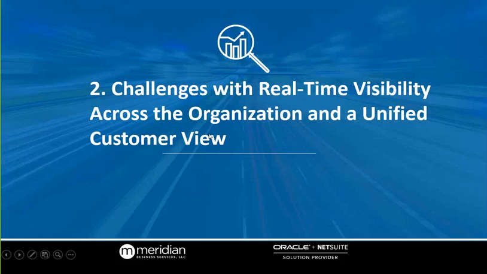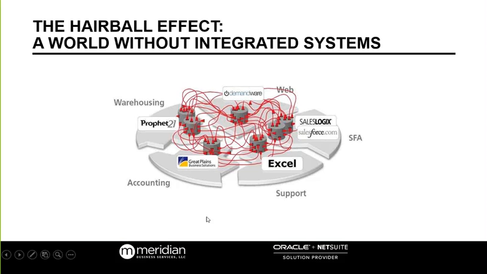So the second area, and this is one of my favorite areas, I believe that there's a huge value to an organization in having business intelligence and being able to have a clear vision of what's happening in the organization in real time. So that's real-time visibility and a unified customer view. I see a lot of organizations that look like this.